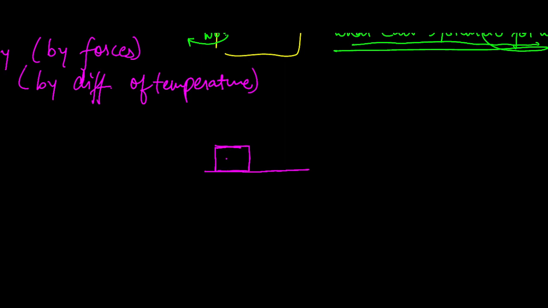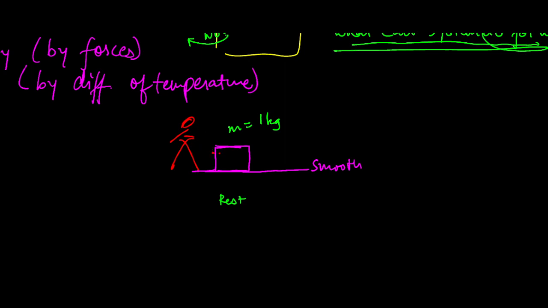Suppose there is a block here, okay, and this is a smooth surface. Suppose the block has some mass, and let me tell you the mass also. Suppose this mass is 1 kg, it's at rest, okay. Now you stand over here and push this by applying some force, and as a result this starts to move and then you stop applying force.